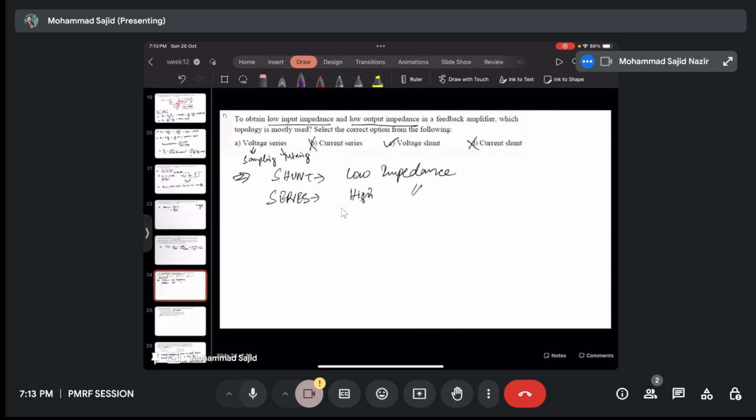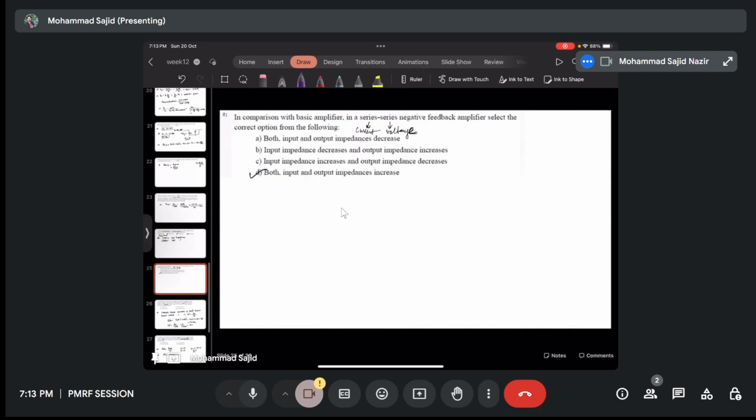Okay, let's go to these theoretical questions. To obtain low input impedance and low output impedance in an amplifier, which topology is mostly used? As I said, low impedance depends on taking the shunt connection. So you take the voltage at the output and shunt mixing at the input to get the low input and output impedance.